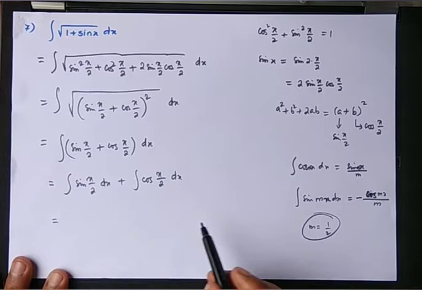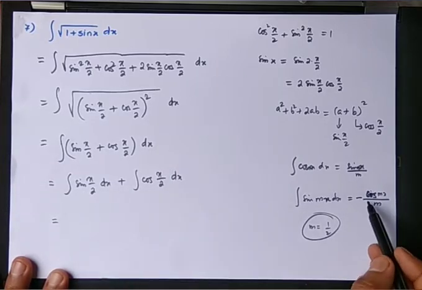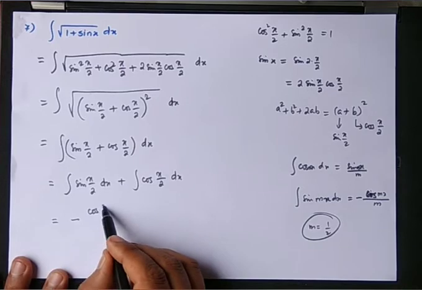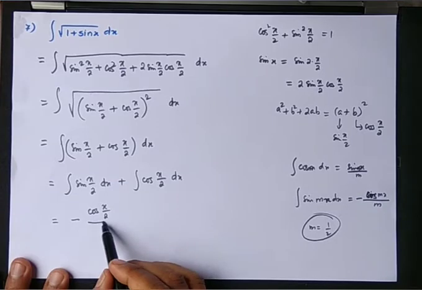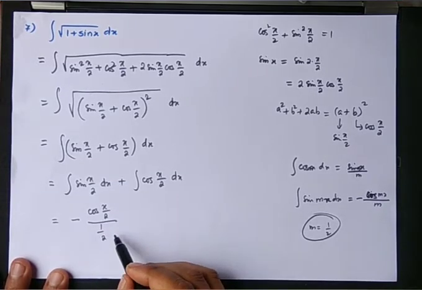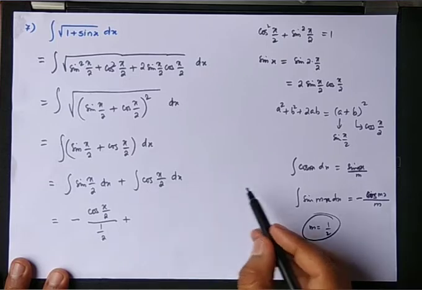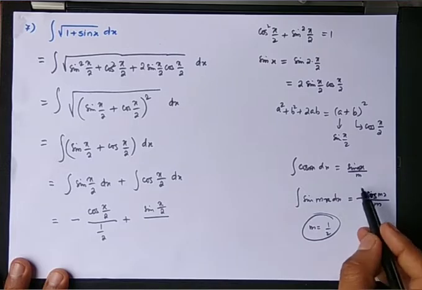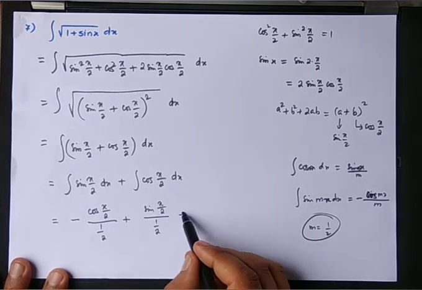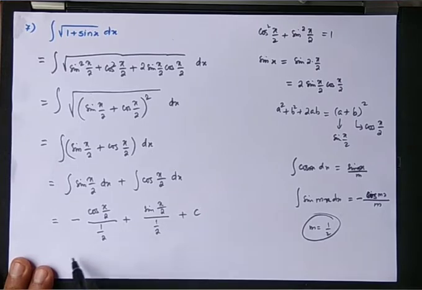So the integral of sine mx will be minus cos mx by m, which is half, and plus the integral of cos mx, which is sine mx by m, again half. We'll put the constant of integration. This 2 goes up, so it becomes 2 sine x by 2 minus 2 cos x by 2 plus c. Pause the video to note down.